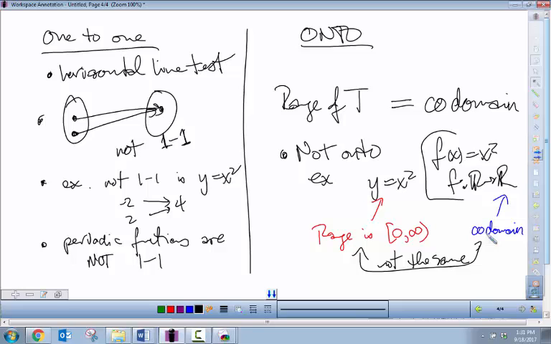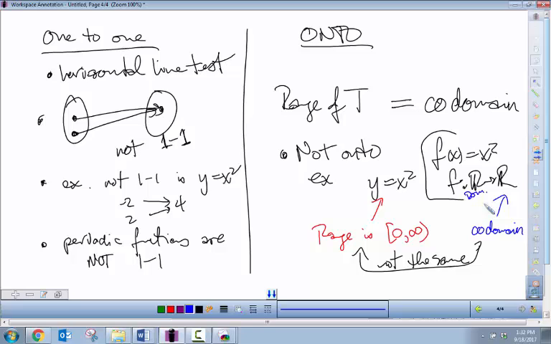Yes, sir? We're calling it the codomain because it's where the outputs go. The domain is where the inputs come from, and the codomain is where the outputs live. And in this case, it's going from R to R, so it seems like, why make a distinction?